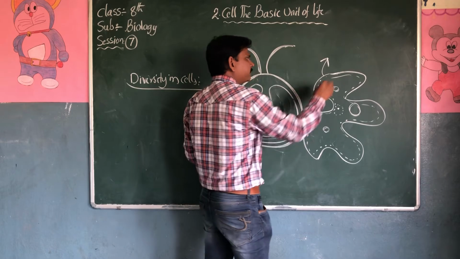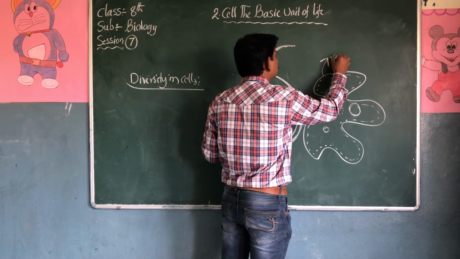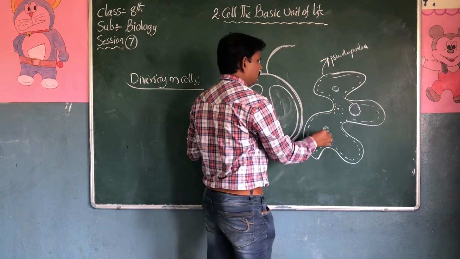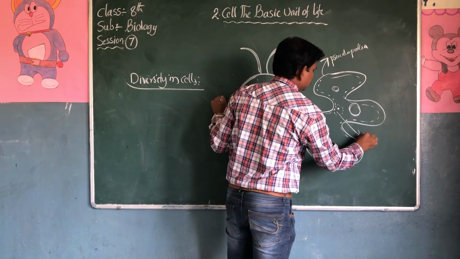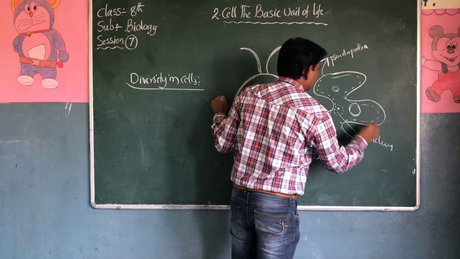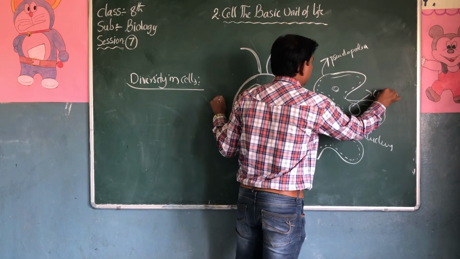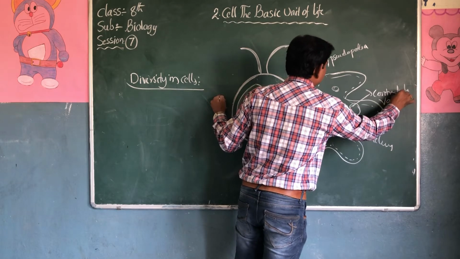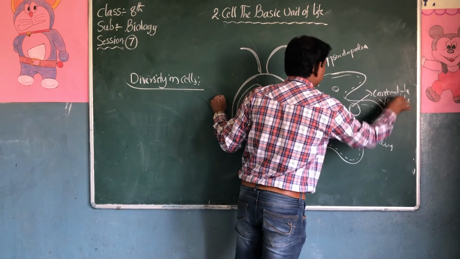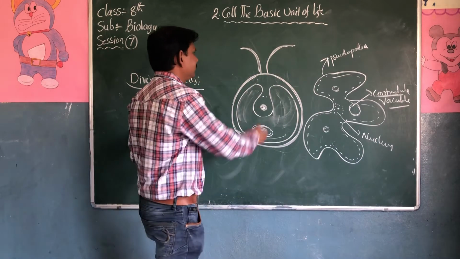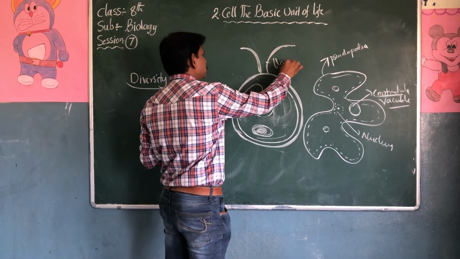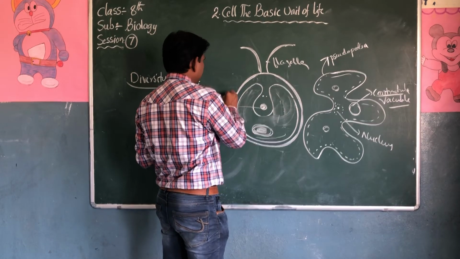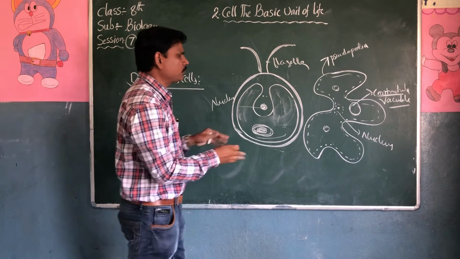They have false feet, called pseudopodia. Nucleus is present. Contractile vacuoles. Chlamydomonas has contractile vacuoles, flagella, nucleus, and cytoplasm. These two diagrams are important.